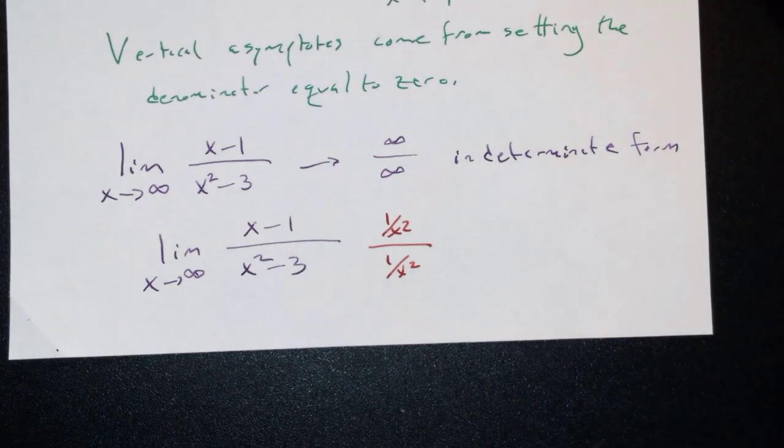And I know I don't have to worry about dividing by 0 because x is going off to infinity. I am as far away from 0 as I can get. Well, let me multiply through here.